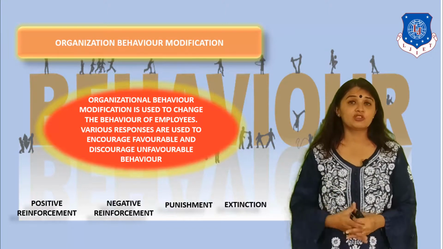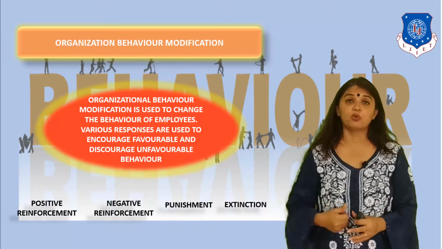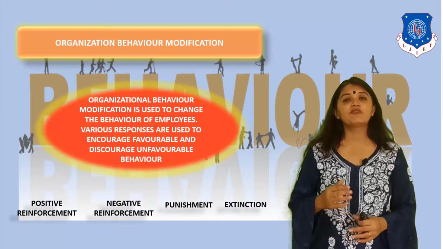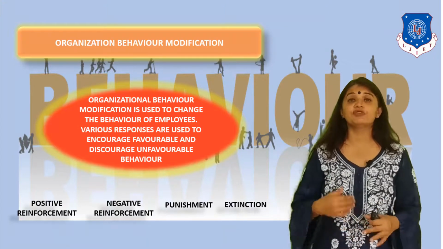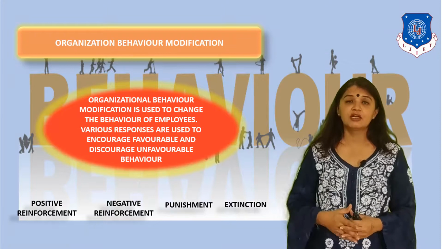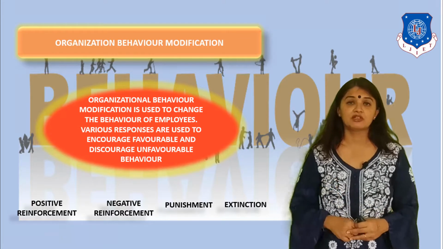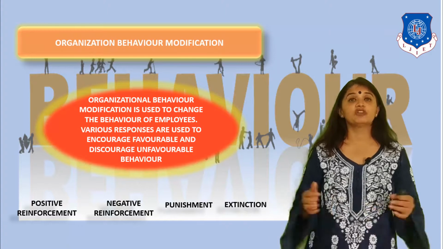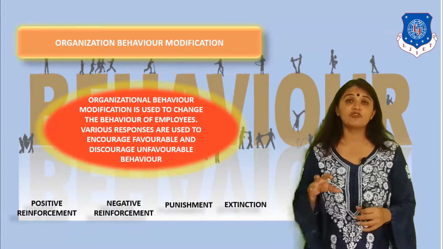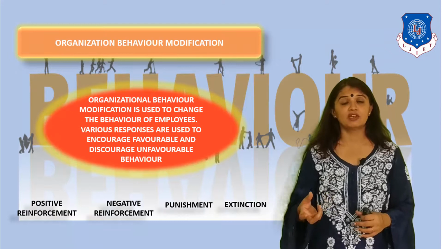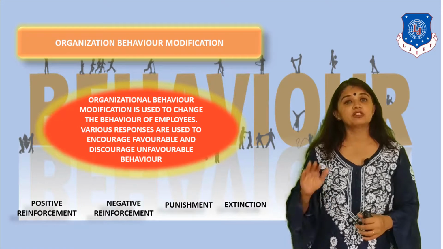Because of that consequence, they are motivated to do it more. But if you want to reduce this behavior, if you stop laughing or even stop paying attention to the kid, slowly and gradually the kid will stop behaving in that manner. This is called removal of the consequence. That kind of advantage is not given and that behavior stops.